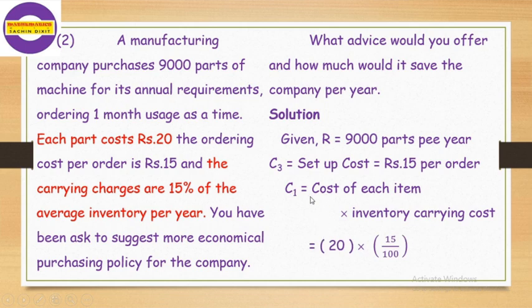The cost of each item is 20 and inventory carrying cost is 15%, means 15 divided by 100. If we simplify this, we get C1 is equal to 3 per part per year. Thus we get R, that is demand rate, is 9,000, C3 rupees 15 per order and C1 rupees 3 per part per year.